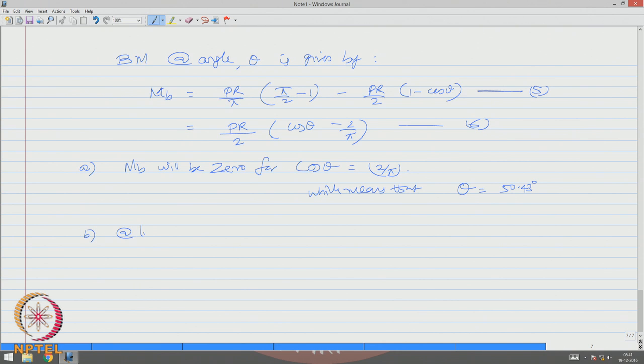Now, at the loading point, we know that theta is pi by 2. Here the bending moment should be the maximum.